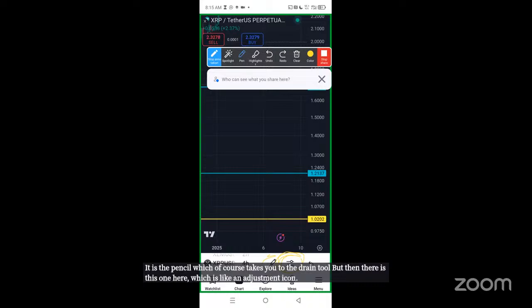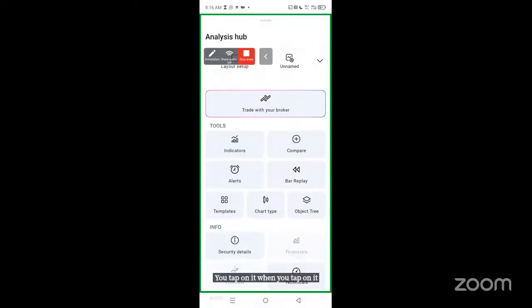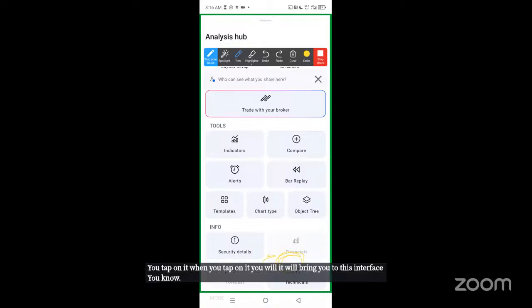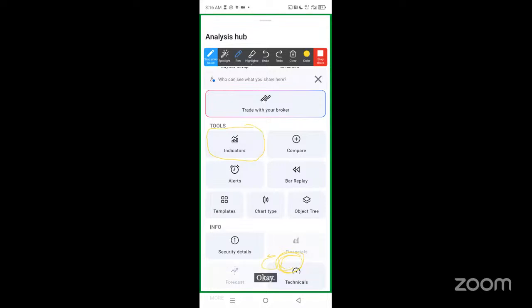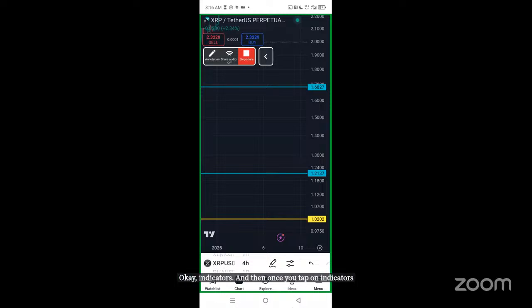You tap on it. When you tap on it, it will bring you to this interface, then you'll be heading to this part written indicators. Okay, indicators. And then once you tap on indicators, it will take you to another interface.